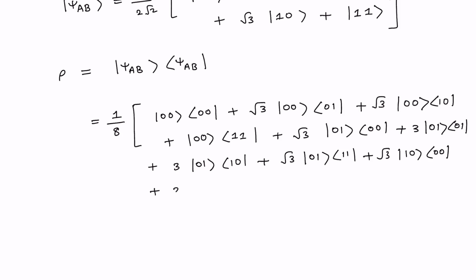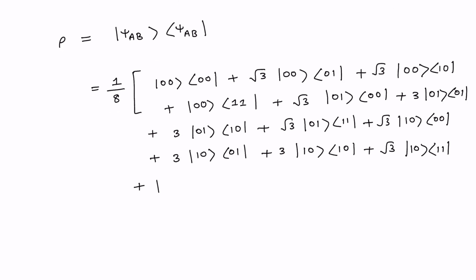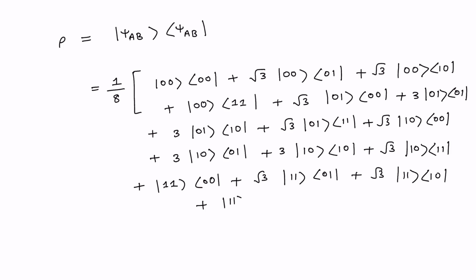Then you will have 3 |10><01| plus 3 |10><10| plus root 3 |10><11|. Then you will get |11><00| plus root 3 |11><01| plus root 3 |11><10|, and finally you will have |11><11|. So this is what you will get.